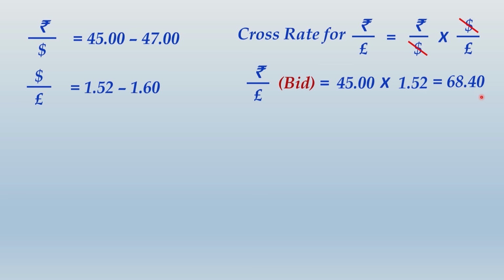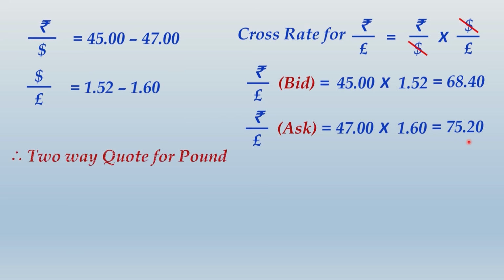And likewise, when you have to calculate rupees per pound ask rate, you are going to multiply 47 with 1.60 because ask will get multiplied to ask. So 47 into 1.60, what you get is 75.20. So what we can finally conclude, two-way quote for pound will be pound 1 equals to rupees 68.40, the bid rate, and rupees 75.20 as the ask rate.